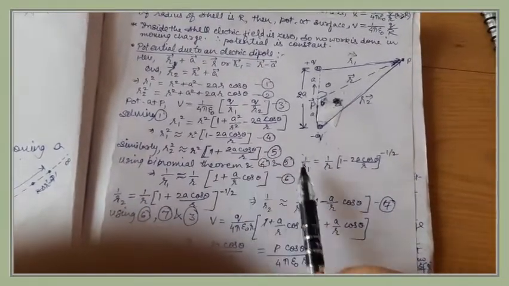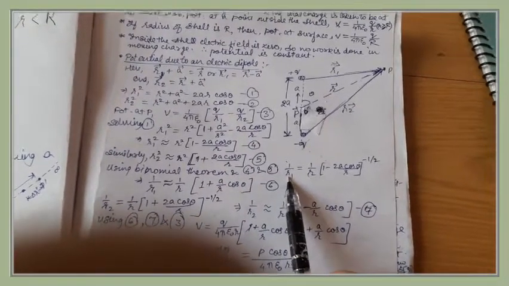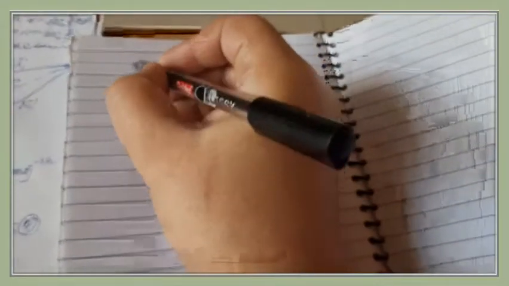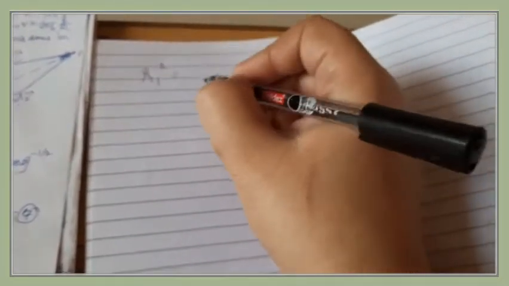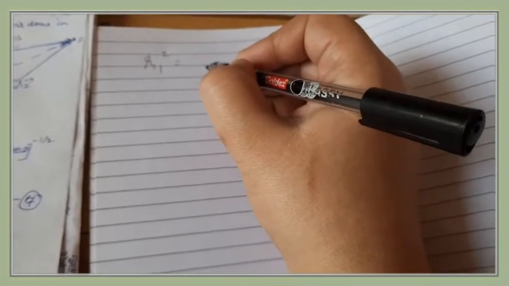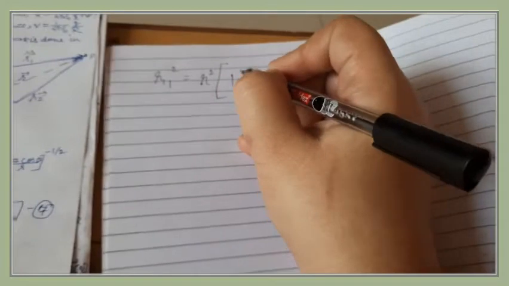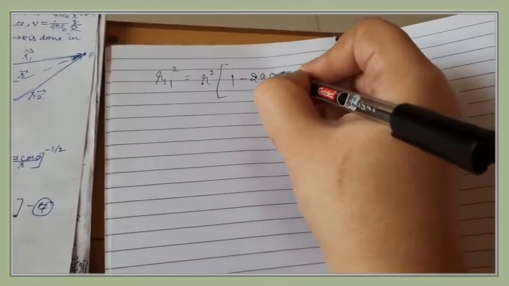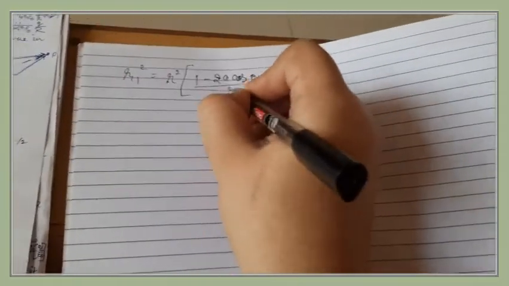Now from this we can find the values of 1 by r1 and 1 by r2, because we require them in equation 3. So what we have here is r1 square is equal to, from equation number 4, r square into 1 minus 2a cos theta by r.